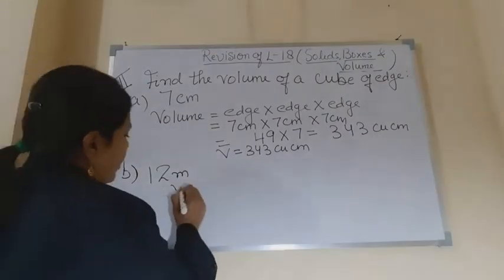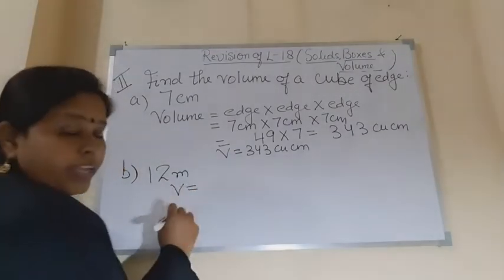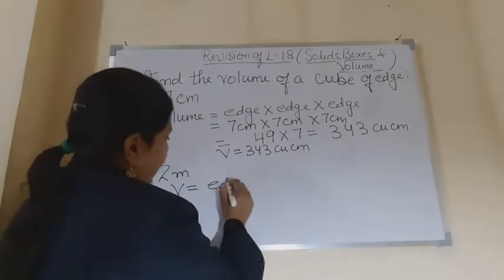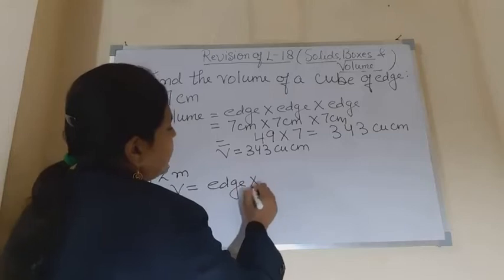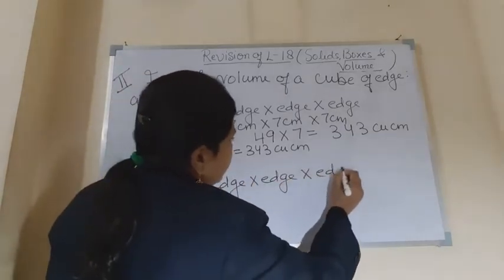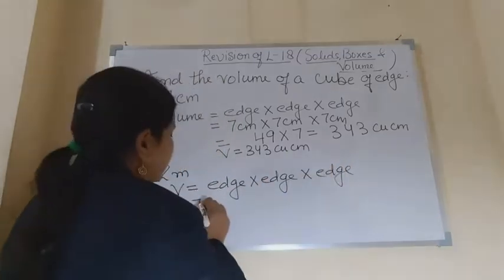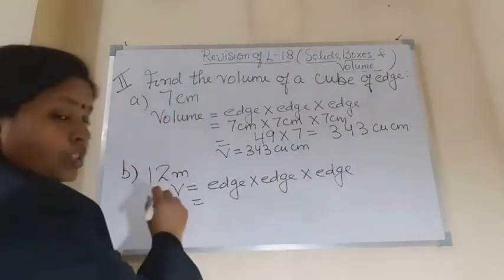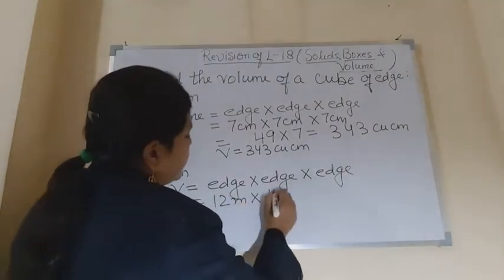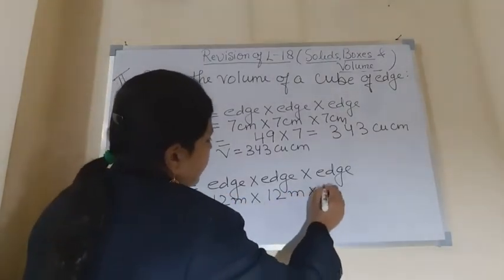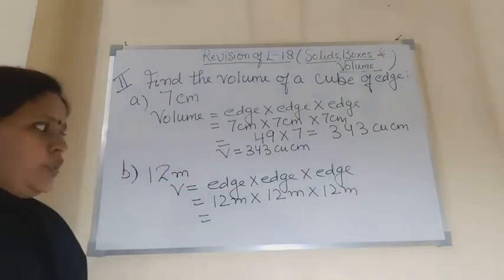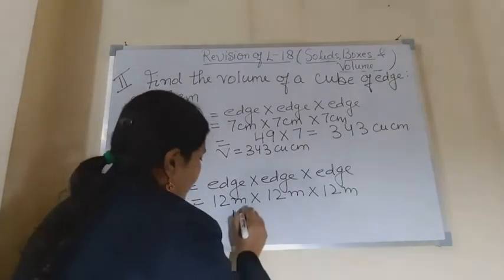Again we will write V, that's V stands for volume. V is equal to H multiplied by H multiplied by H. Now let's put the value of H, which is 12 meter. 12 meter multiplied by 12 meter multiplied by 12 meter. And when we multiply 12 by 12, first of all we get 144.